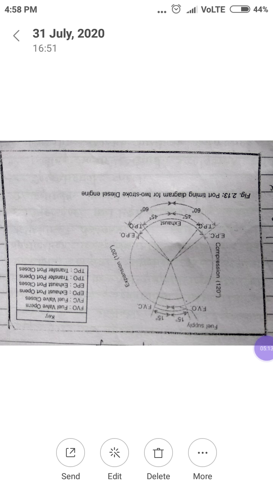Similarly, the port timing diagram for the two-stroke diesel engine is as shown in the figure. In this diagram, similar to the two-stroke petrol engine, there is opening of exhaust port, opening of transfer port, closing of exhaust port, closing of transfer port.